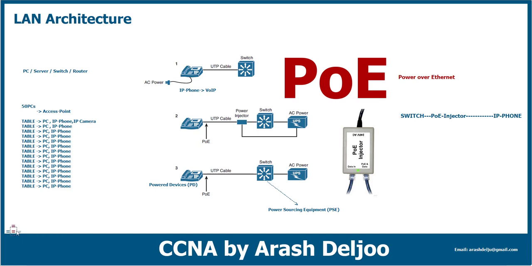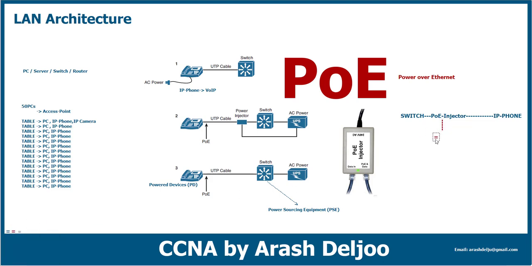Why? In most cases, we are connecting the power injector to, for example, the UPS or maybe the power outlet. The power injector should be installed near the switch in most cases. And after that, here we have the power, for example, AC power.